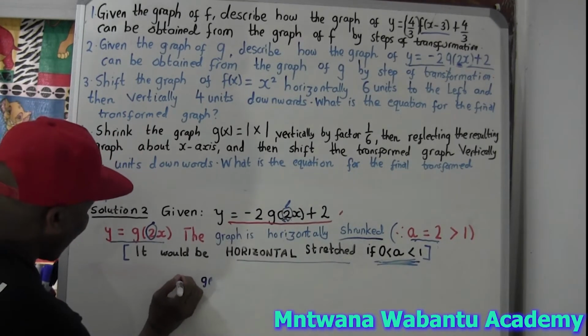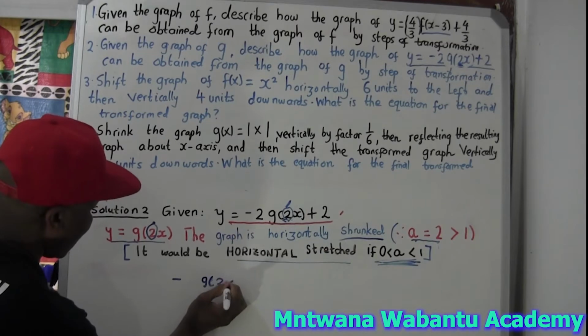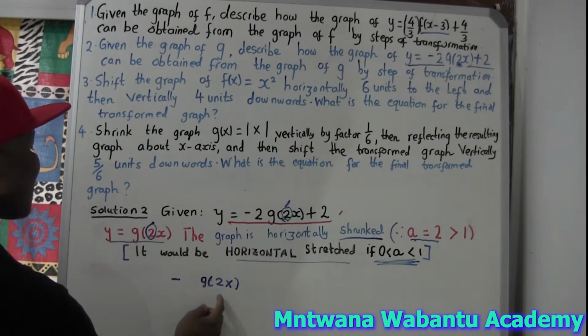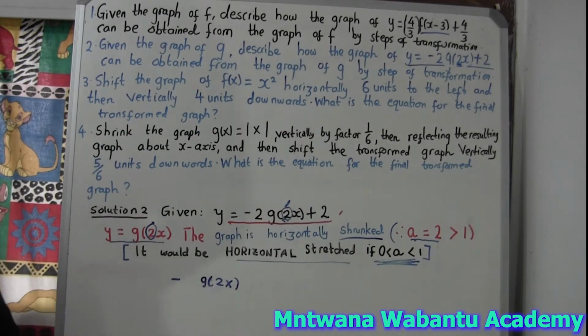So to get negative g of x, this means the shrunken graph has been reflected along the x-axis. You know what I'm saying?